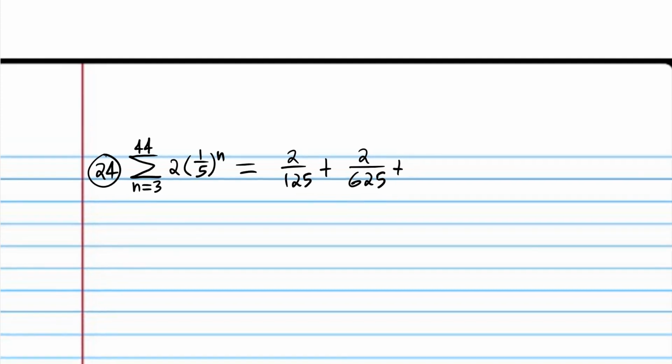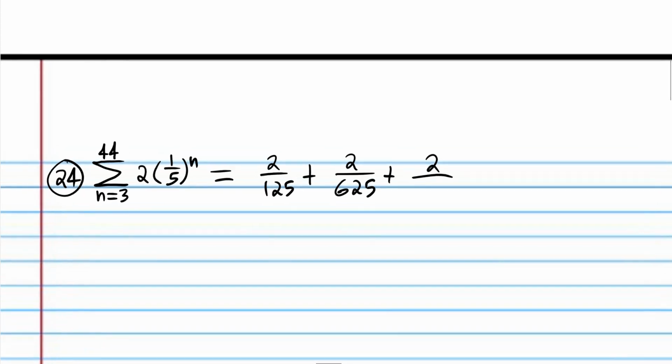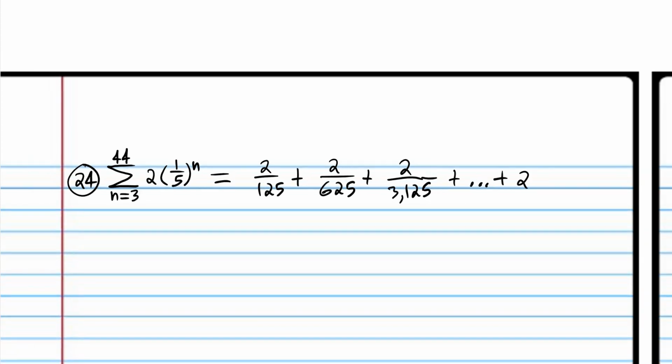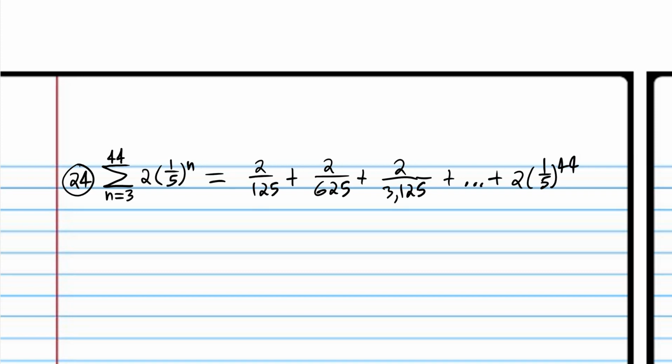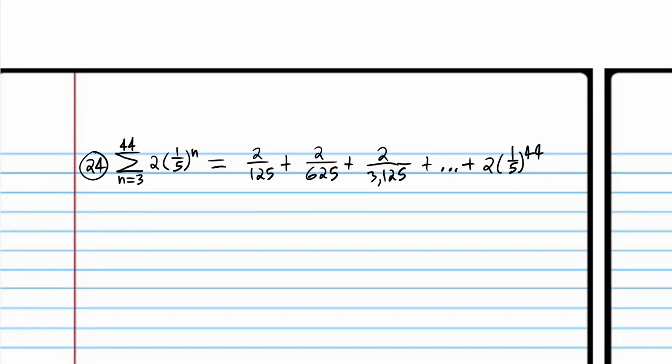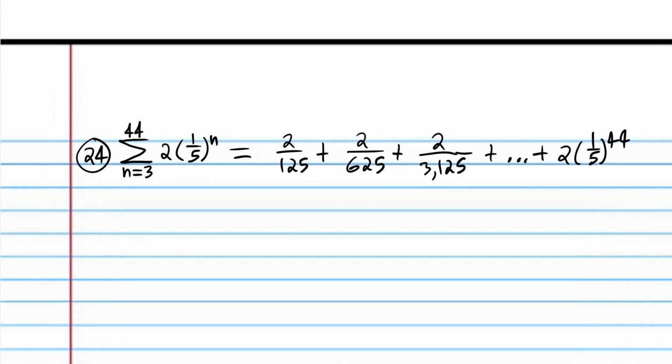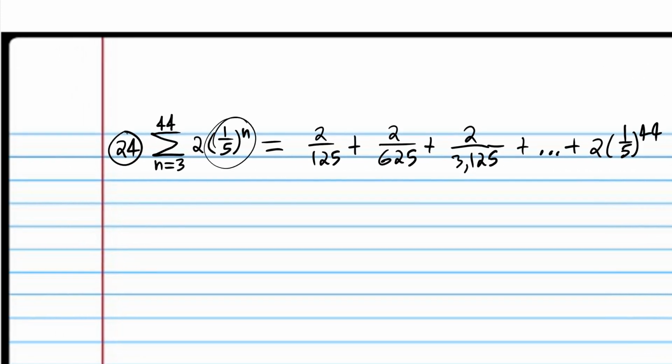Plug in 5, you get 2 over 3,125, and so on and so forth. The last term is going to be 2 times 1/5 to the 44th power. So we can see that we're just multiplying by 1/5 each time, and it's a geometric sequence.